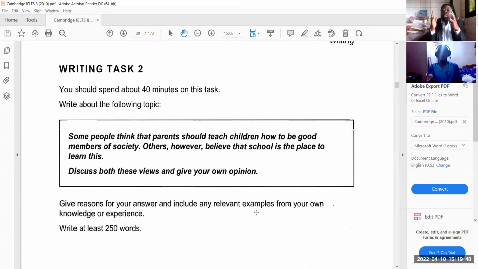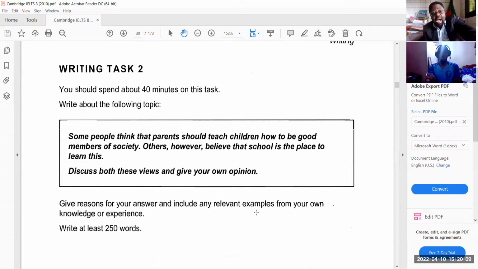So your task will be incomplete. I hope you remember task requirement, task fulfillment. Task fulfillment is what you have to give the examiner.